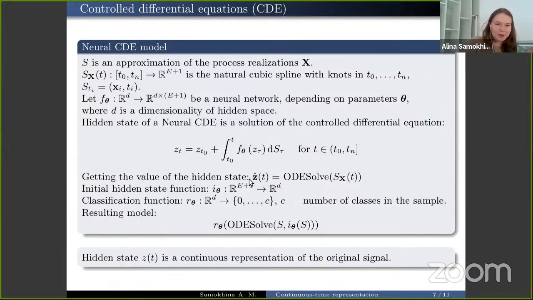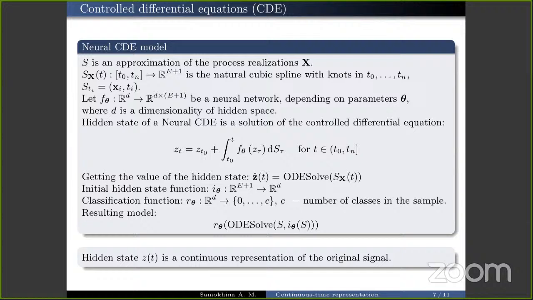At first, we obtain some initial hidden state, and then we solve the ODE with some numerical methods, and then with these hidden states, we apply the last classification layer. I'm still not answering your question, right? Okay. Thank you. Actually, timing. Thank you.